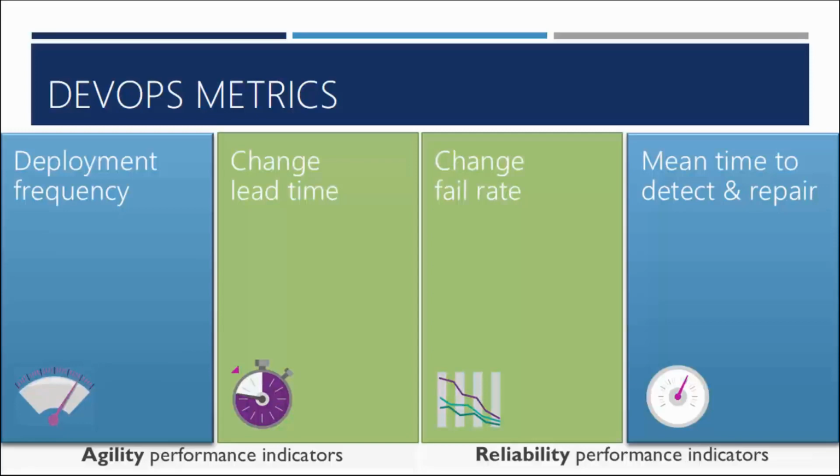Let's talk about operations as well, because this also includes operations. The next two metrics are more closely aligned to operations, and they are the reliability metrics. The first one in this group is the change fail rate, which is basically how often we fail when we try to push out a new change.